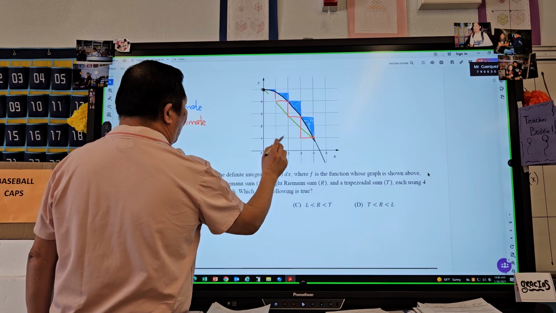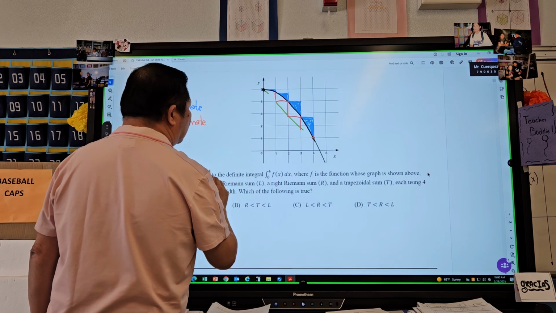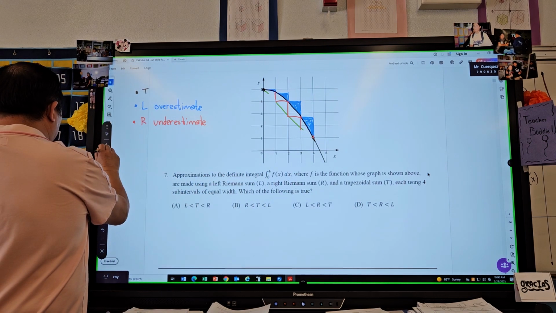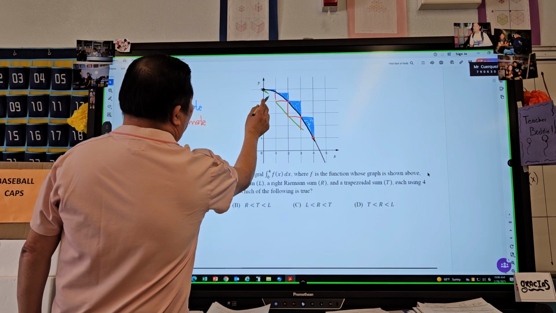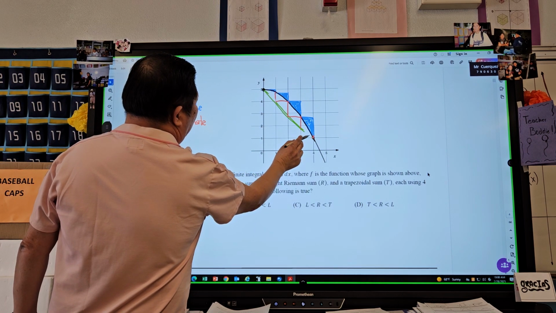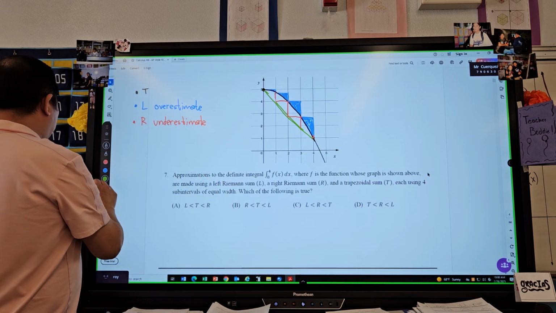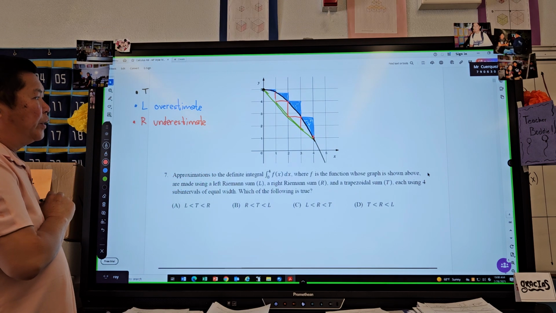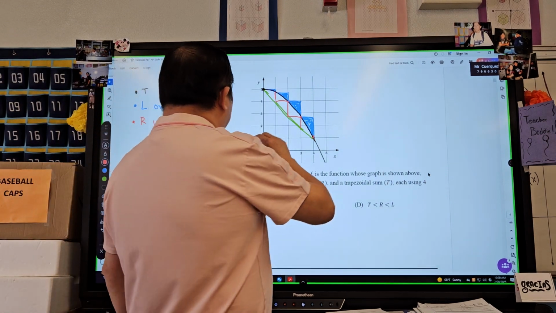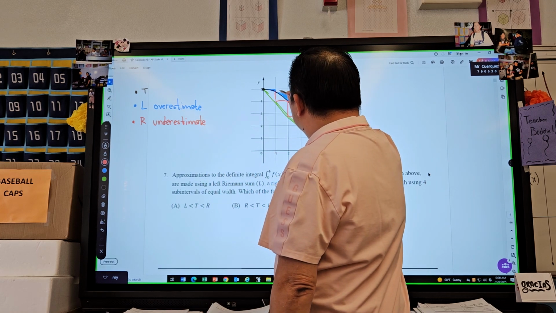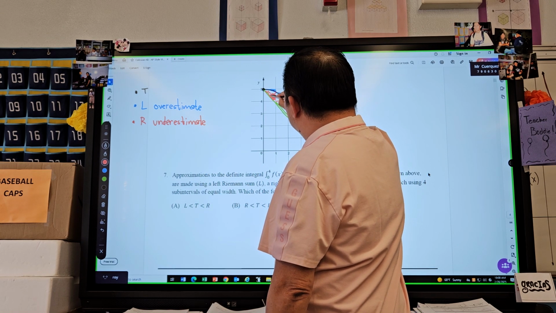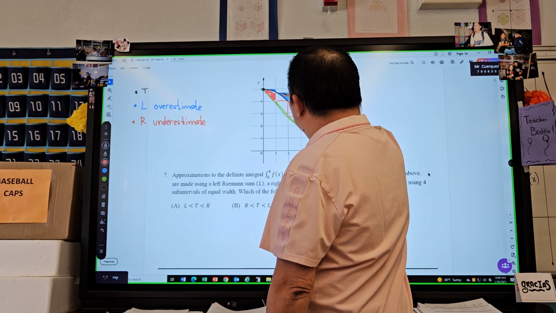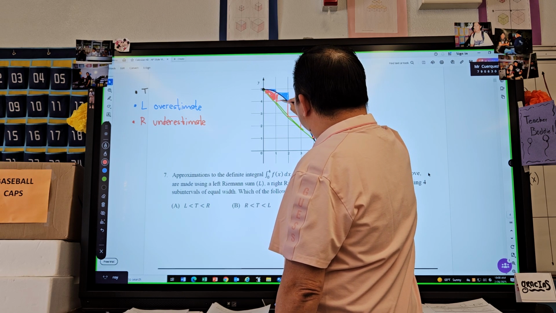Sorry. So can we shade now the red color? So it must be this area. This area.